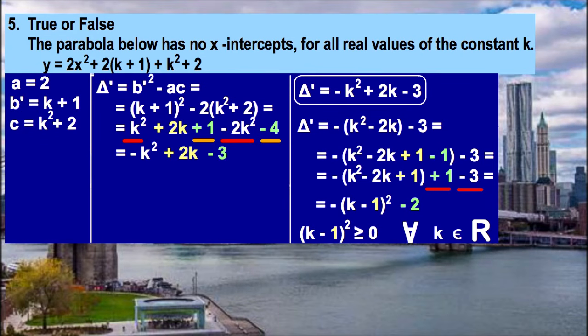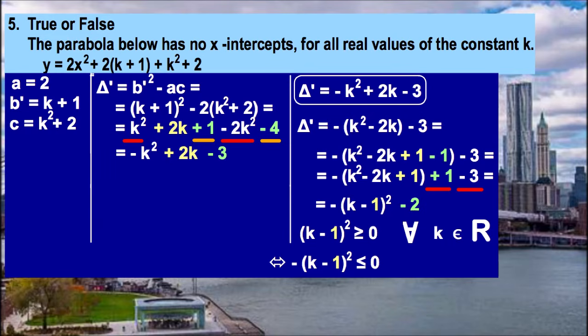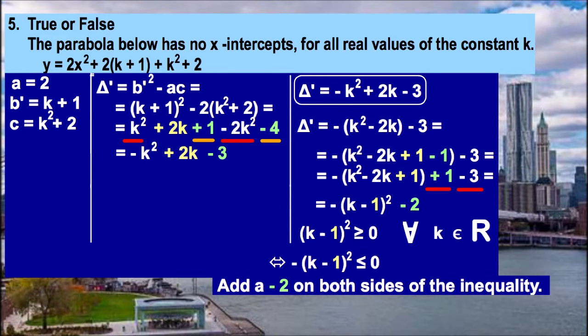Now, k minus 1, everything squared, is greater than or equal to 0 for all k belonging to R, the set of real numbers, which is equivalent to saying that the negative of the quantity k minus 1, everything squared, is less than or equal to 0 for all k belonging to the set of real numbers.